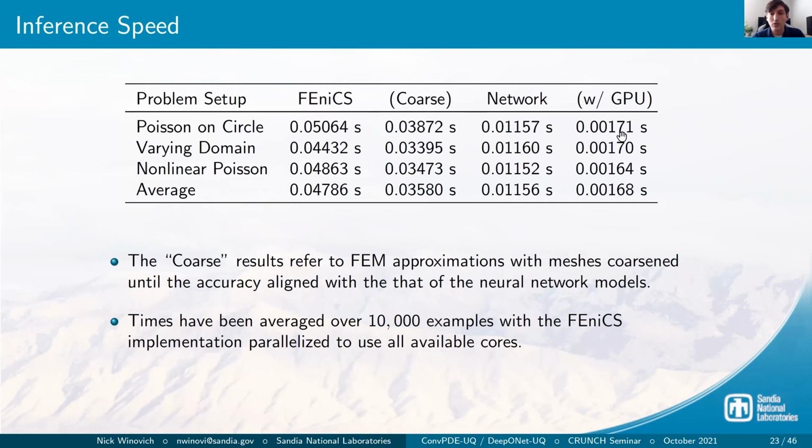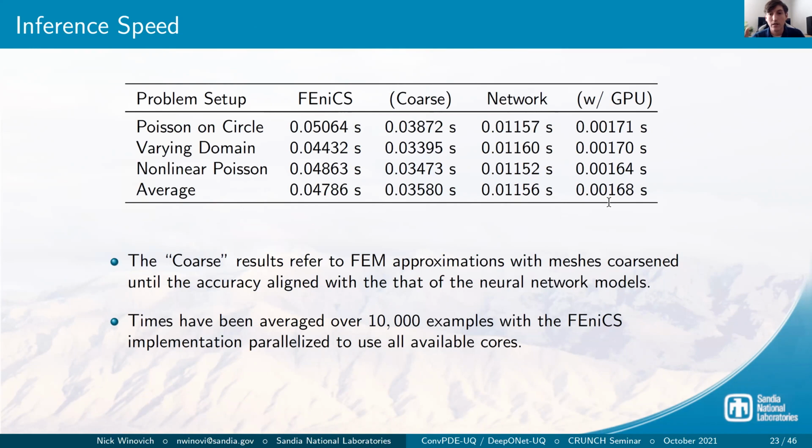And if you have access to a GPU, you can certainly get much faster, but on the order of like 20 to 30 times faster predictions than even the finite element code running so that it's coarsened to have the exact or a little worse accuracy than the neural networks, just for a fair comparison there. But they're extremely fast.